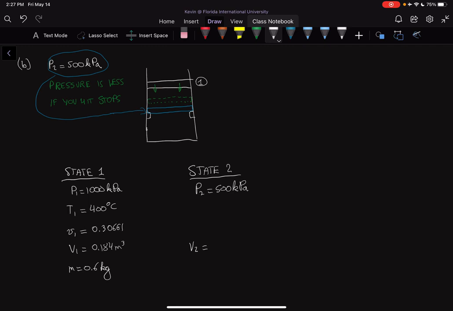What is volume 2 equal to if our piston has hit the stops? Well, we were told that V stops in the question is equal to 0.4 times V1. So V2 is equal to V stops, which is 0.4 times 0.184.